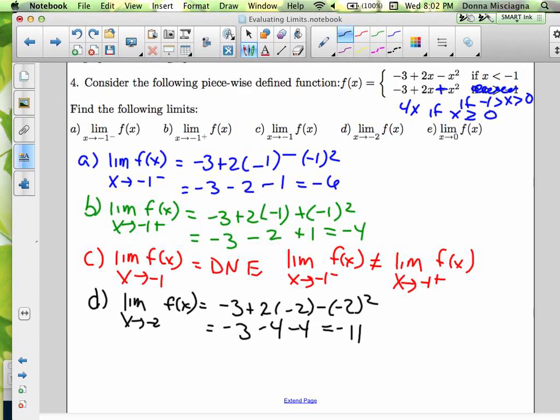Maybe if we just made the 3 positive, it'd be more interesting.